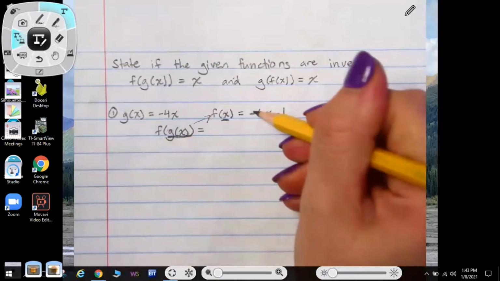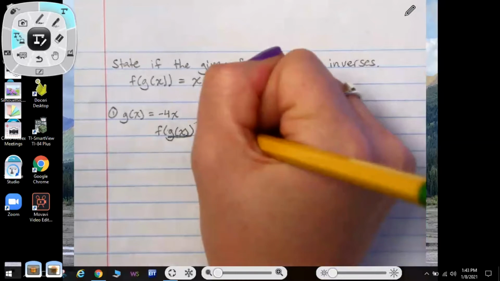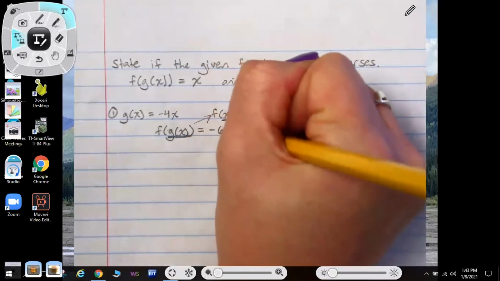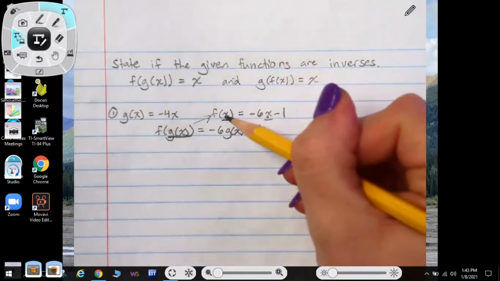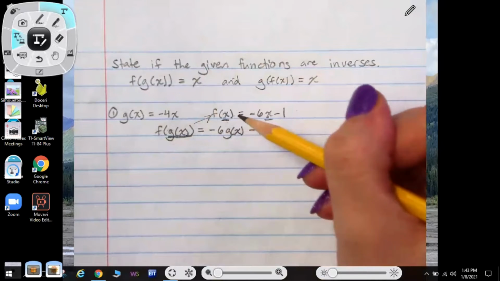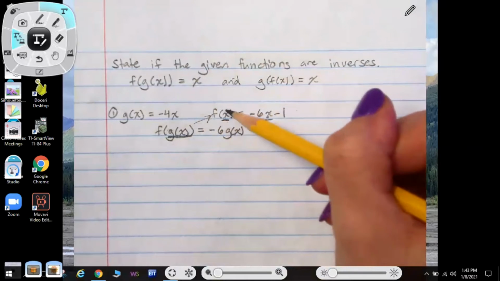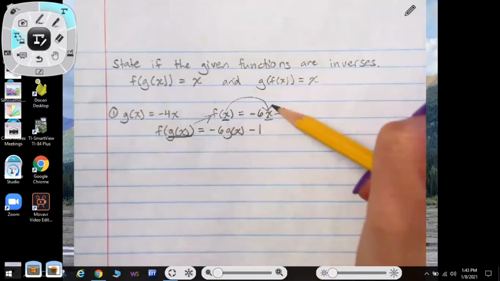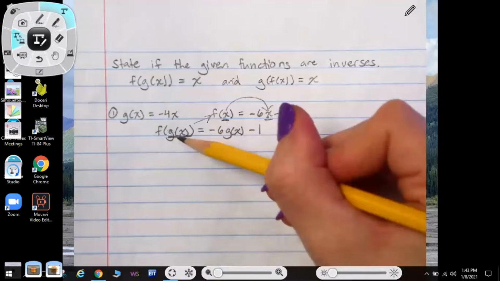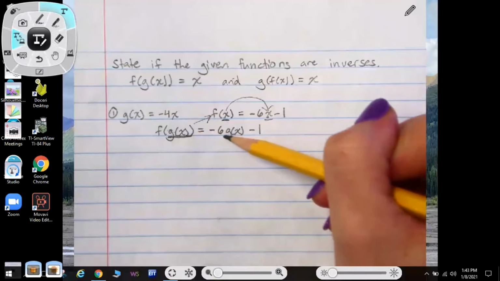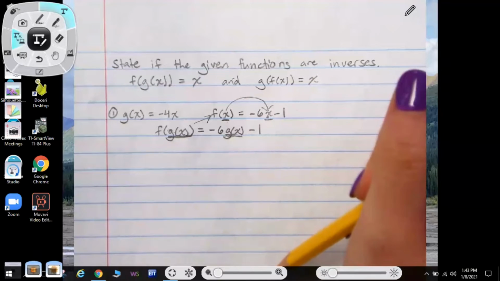So instead of negative 6x minus 1, now we have negative 6 g of x minus 1. So in our function f of x, this x matches this one. And now we're doing f of g of x, so this g of x has to match that.